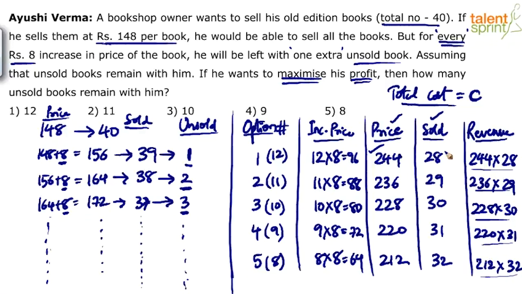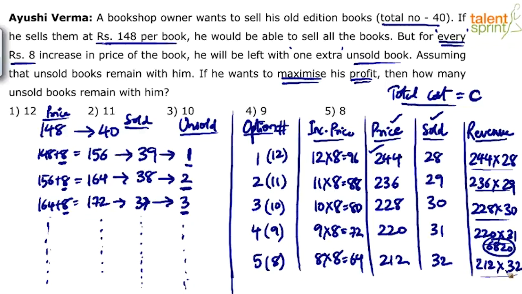You getting it? Like for example, you don't have to put pen on paper for every calculation, right? 220 into 31 should be very easy. 31 into 22, how much is that? 31 into 20, 620, 620 plus 62. So 682. So 6820. So this is equal to 6820. 212 into 32.